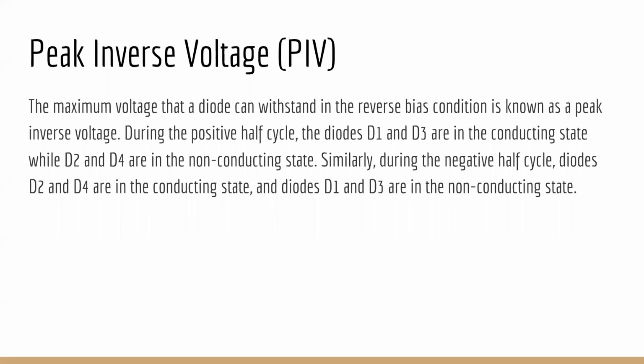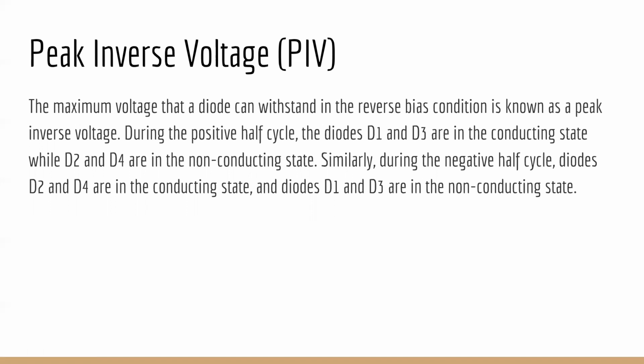Now, peak inverse voltage, that is PIV, is defined as the maximum voltage that a diode can withstand in a reverse bias condition.